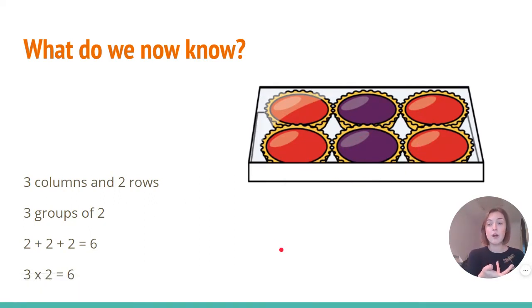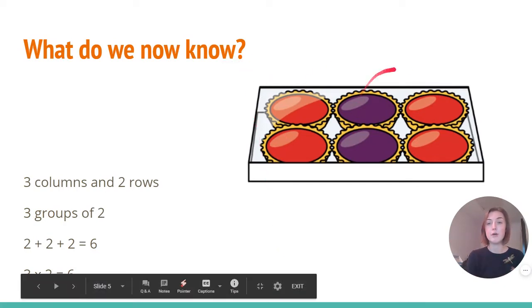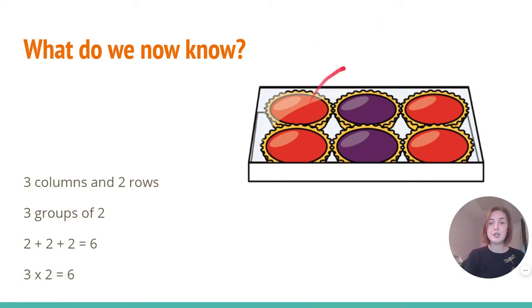We also know how to write that as an adding sentence, because we can do 2 add 2 add 2, and we can answer that because we can count in twos. 2, 4, 6. And our newest bit of learning is that we can also write that as 3 lots of 2 equals 6. 3 multiplied by 2 equals 6. I've got 3 lots of 2. So we have learned a lot since we last looked at arrays. Well done, everybody.